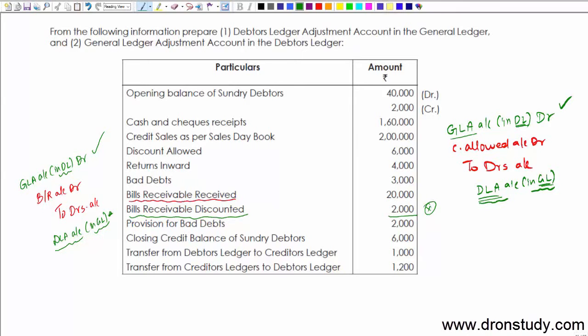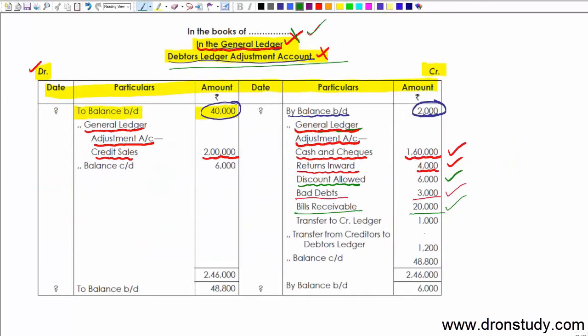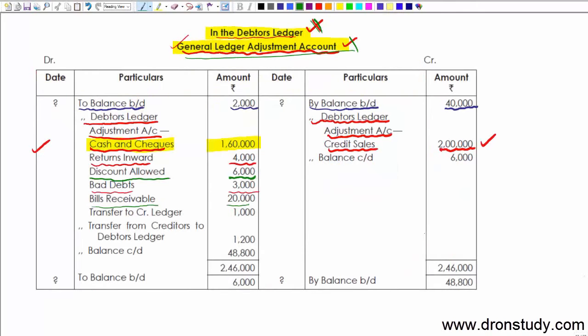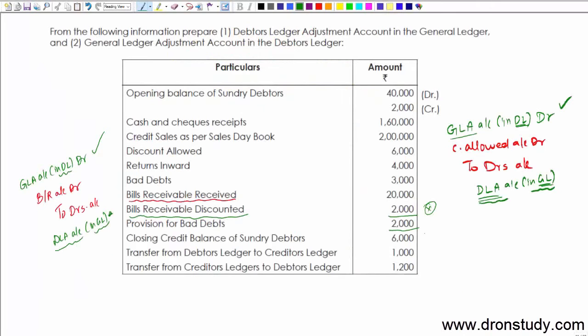Similarly, provision for bad debts will not have an effect in the general ledger debtors ledger adjustment account or in the debtors ledger general ledger adjustment account, because both the transactions are completed within the general ledger itself.